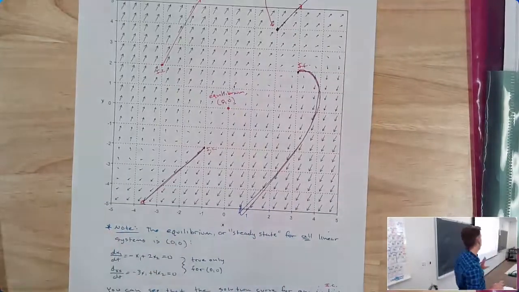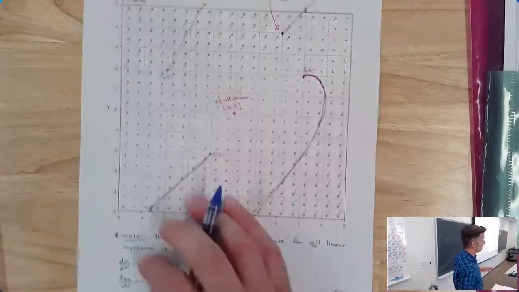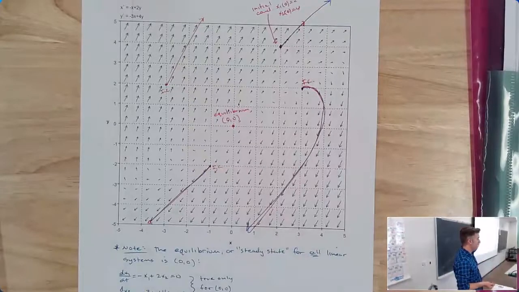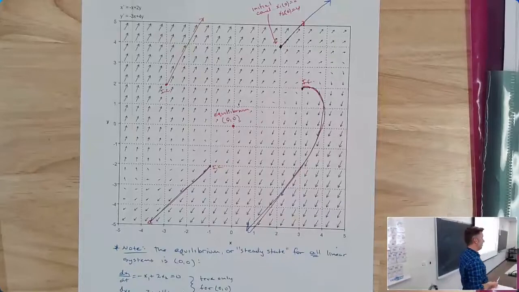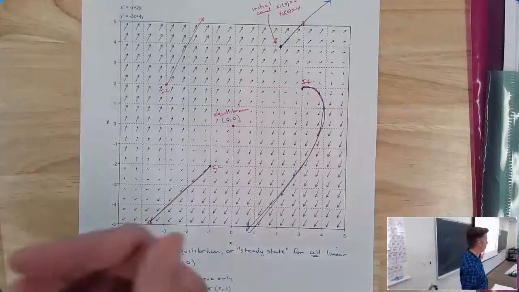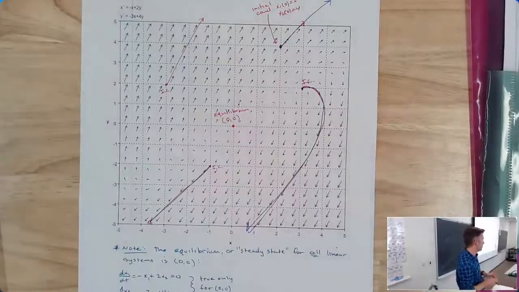So we're going to talk about later on how we're going to look at the eigenvalues of a system and be able to tell just by looking at the eigenvalues whether the system is stable or unstable, and if it looks like a spiral or a node. It's really neat. It just takes some practice.